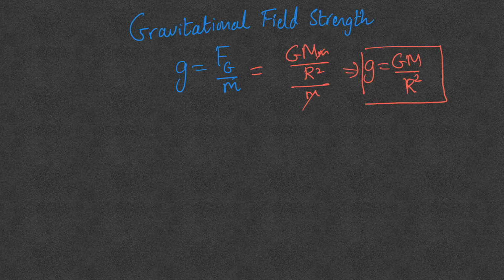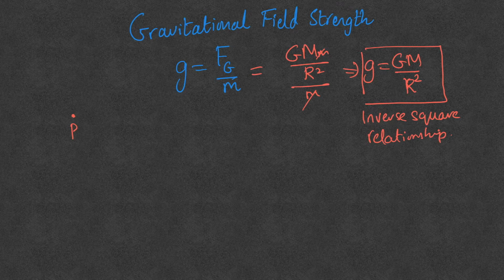Now, this tells you of an inverse square relationship between gravitational field strength and the distance from the center of the planet. Let me explain. So if this is planet P again, and you are moving from point A to point B. At point A, your strength of gravitational field is Ga, and at B, the strength is Gb.